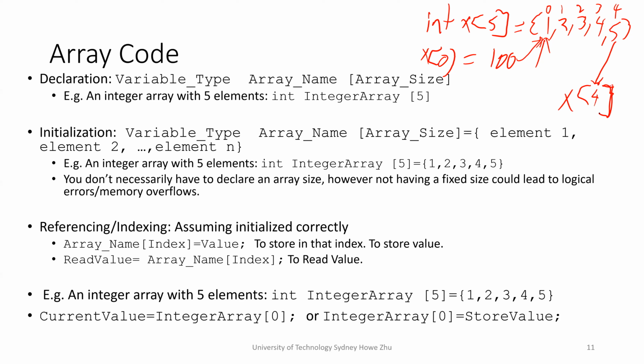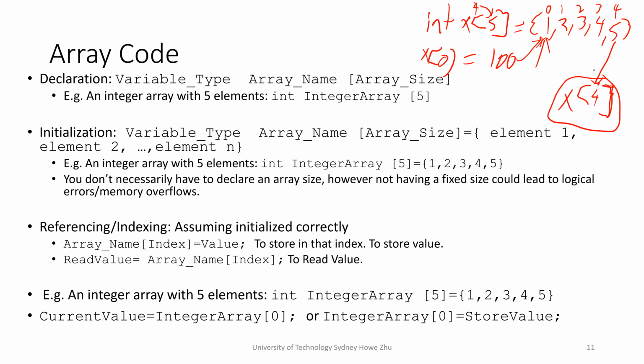It seems to be a very common mistake that I see: people want an array size of 5, they declare 4 here, and then when they call the 5th value, x[4], they get a memory overflow.